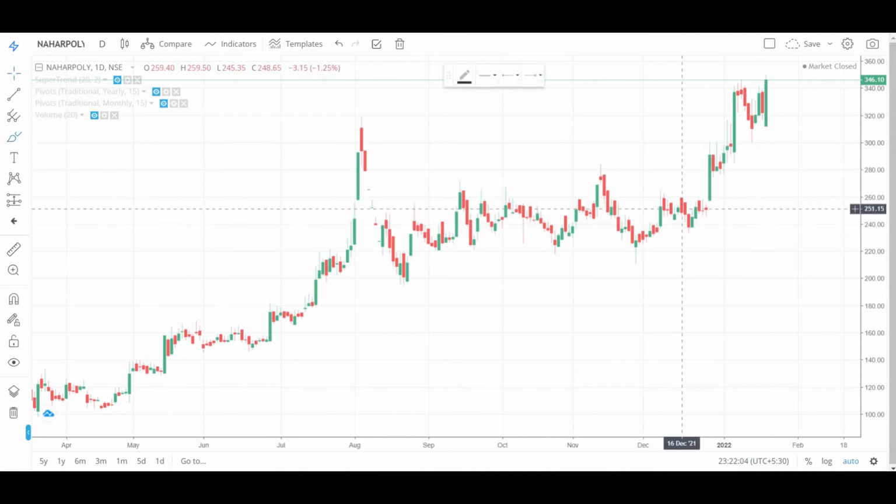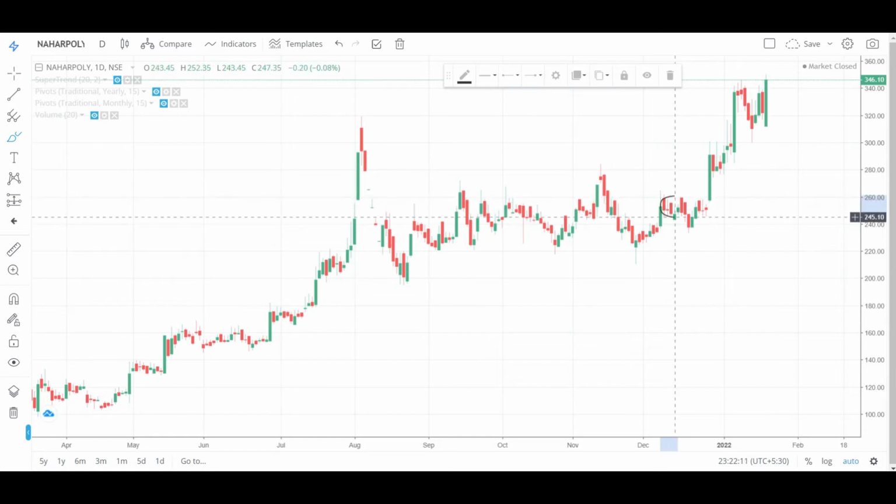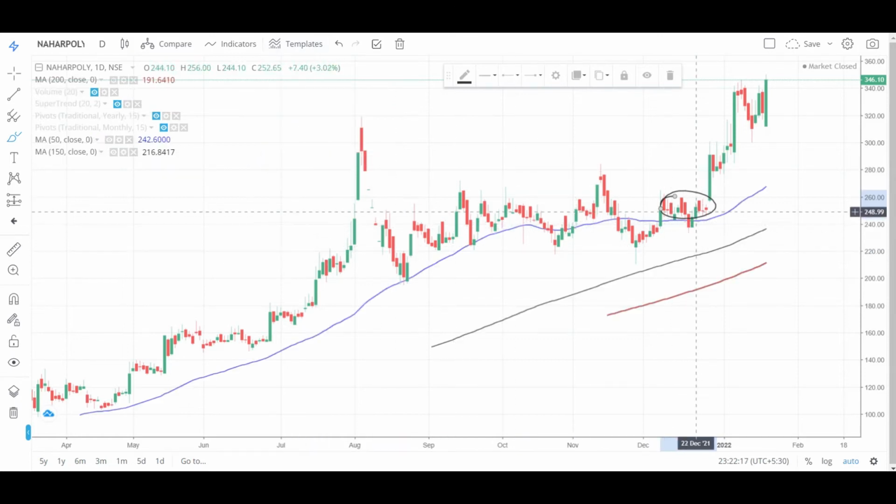Now if you look at this area from 8 December to 24 December, during this period, you can see that except for this 20 December, the price was above the 50-day moving average.